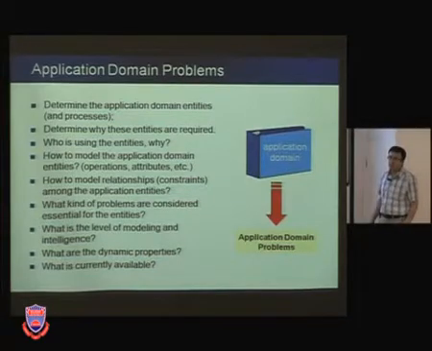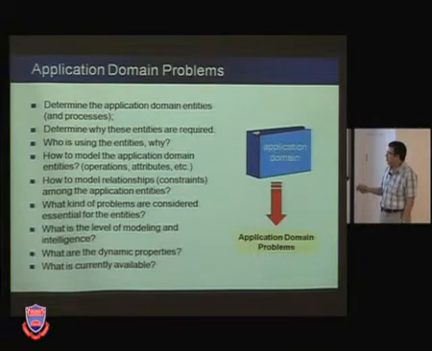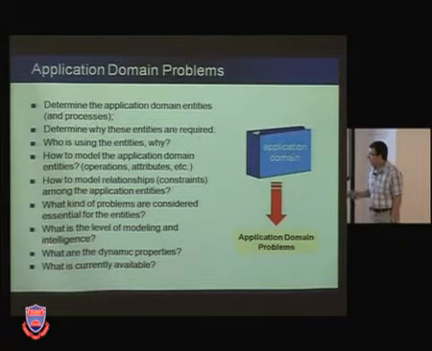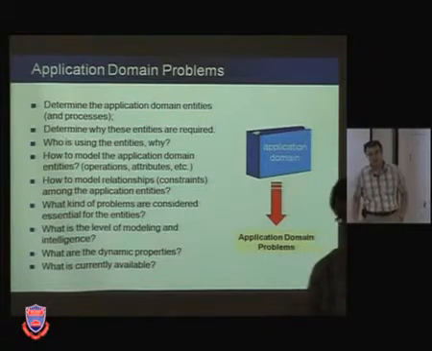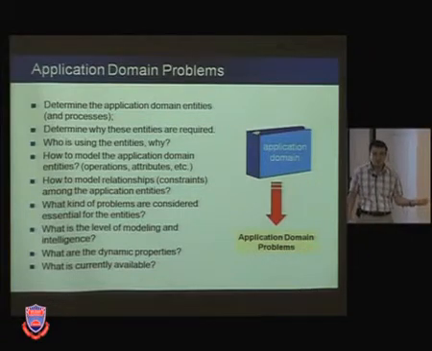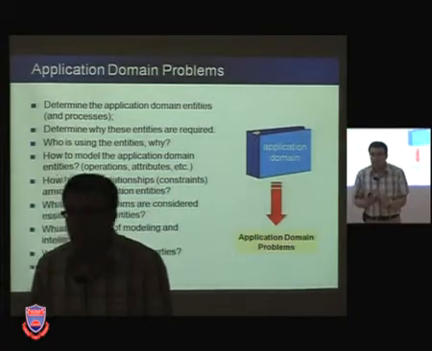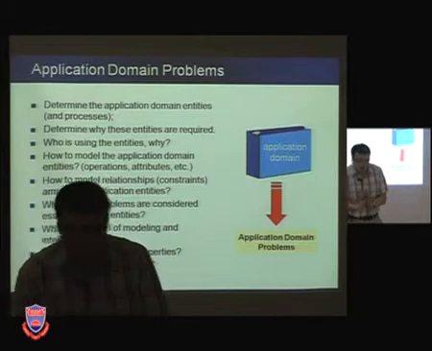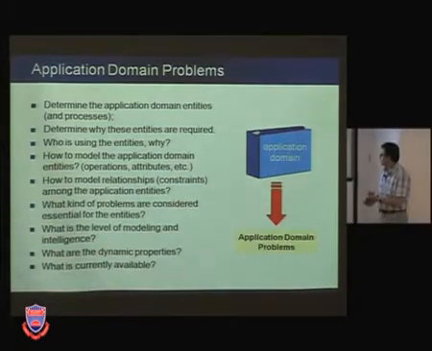We determine why these entities are required, who is using them, how to model application domain entities, how to model the relations, what kind of problems are considered essential for the entities, what is the level of modeling and intelligence, what are dynamic properties, what is currently available. For example, insurance system domain. What kind of problems do we need to solve there? We can only get these problems if we analyze that domain.